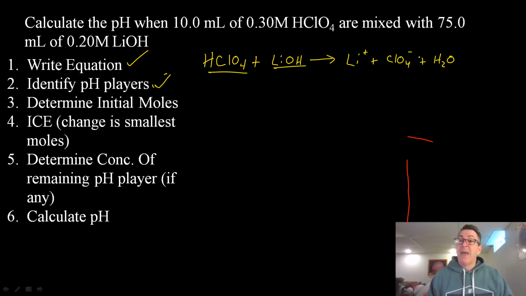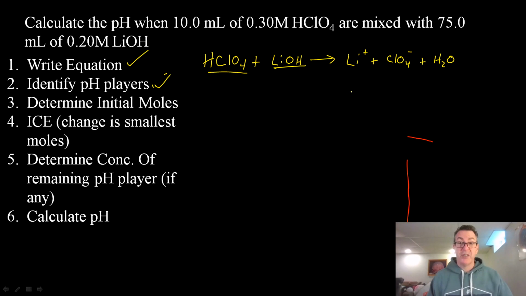All right, lithium ion. And then the same thing for the perchlorate ion. It does not. Remember, the stronger an acid is, the weaker its conjugate base would be. And the same is true for conjugate acids of bases. The stronger the base is, the weaker its conjugate acid will be. And so you could think of lithium ion and perchlorate ion as the conjugates of these strong substances.